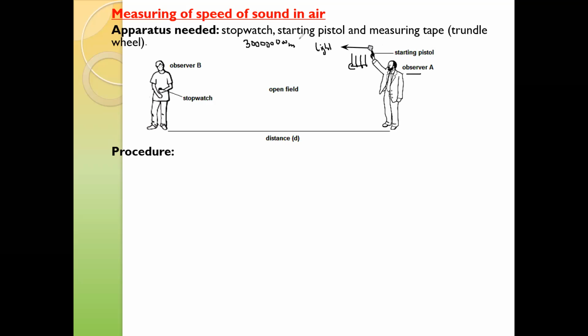This is the speed of light in air, approximately. And what is the speed of the sound? It's only around 330.